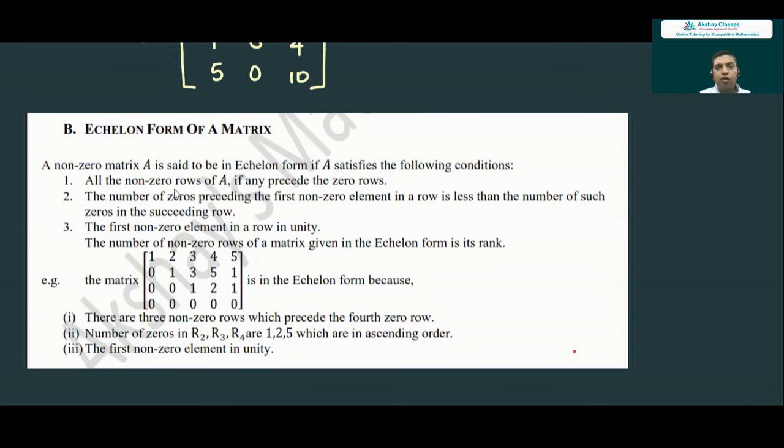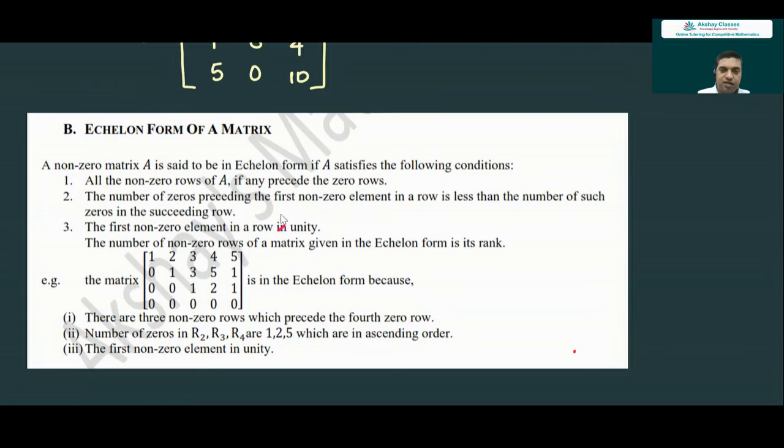First, all the non-zero rows of A, if any, precede the zero rows. Precede means it comes before the zero rows. Second, the number of zeros preceding the first non-zero element in a row is less than the number of such zeros in the succeeding row. Third, the first non-zero element in a row is unity.